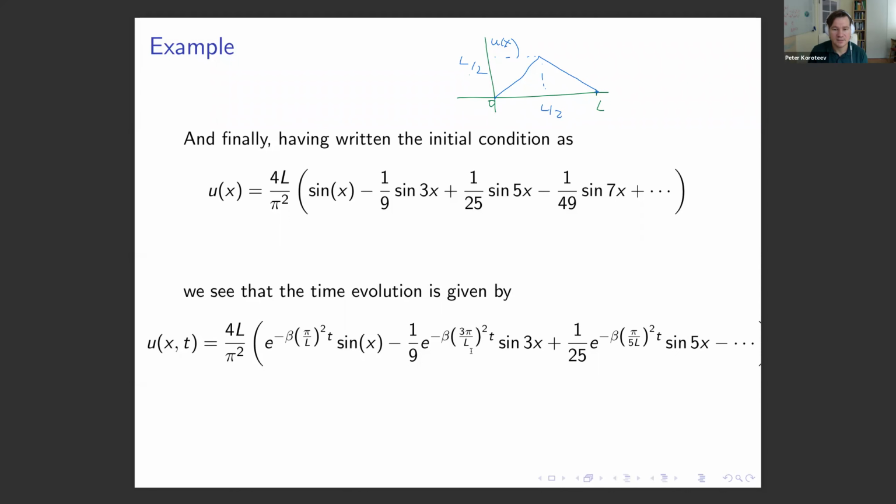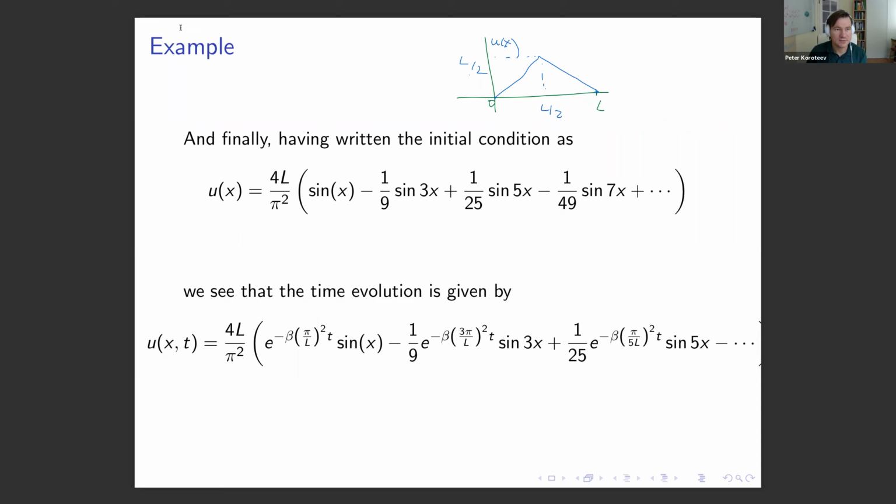If you substitute this into the full solution of the heat equation, we'll also need to combine it with those time exponents, right? So we'll have e to the negative beta pi over L squared t, then e to the negative 3 pi over L squared t, and so on and so forth. So this is how the temperature will go in time.